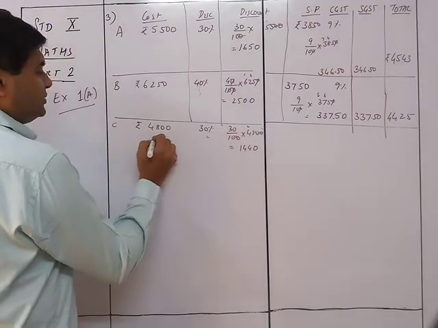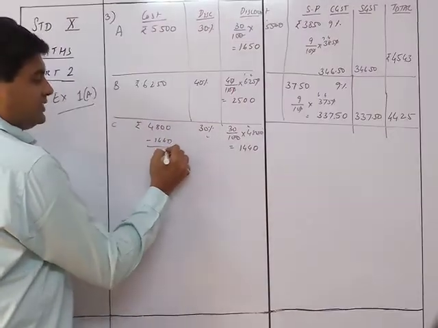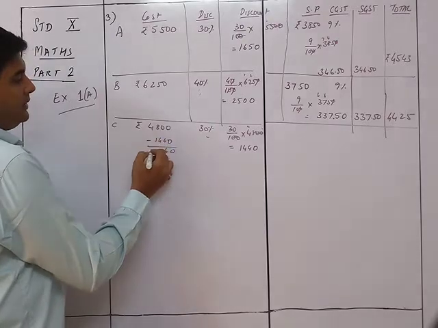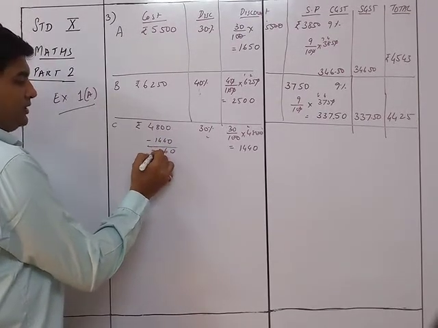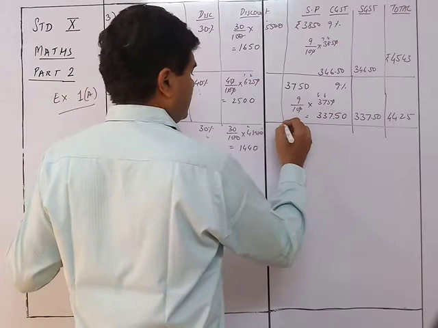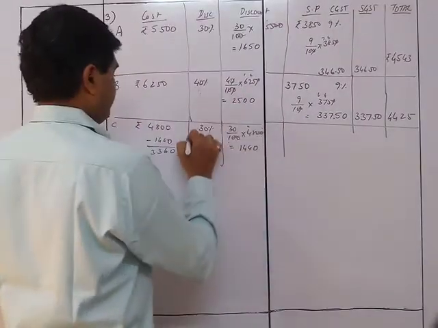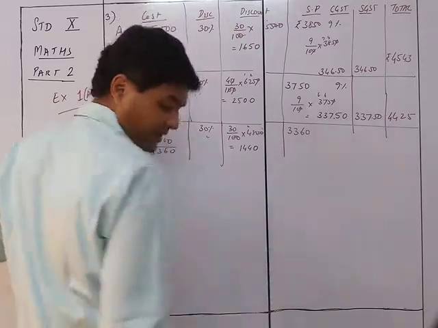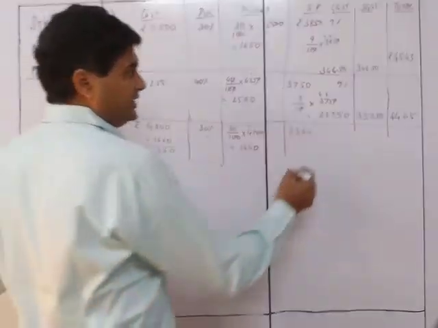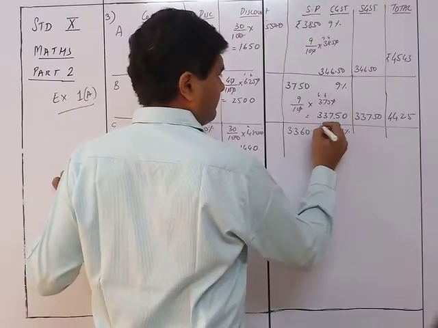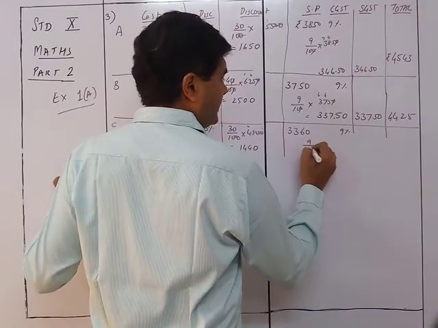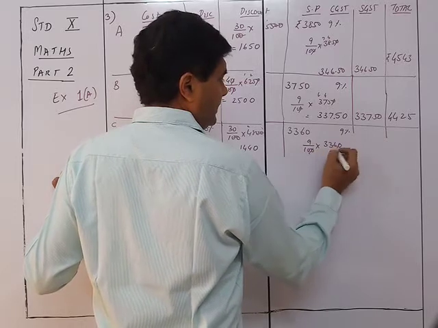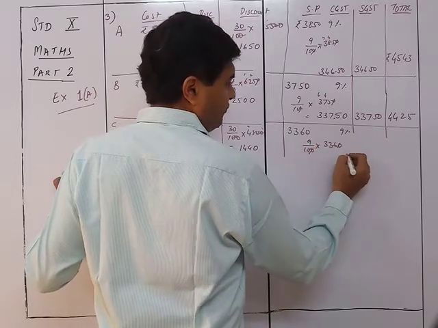So this is minus 1440, which gives 3360. So the amount over here will be 3360. Again, the rate of tax is 9% each. So it is 9 upon 100 into 3360. Accordingly, it will be 9 6 54.